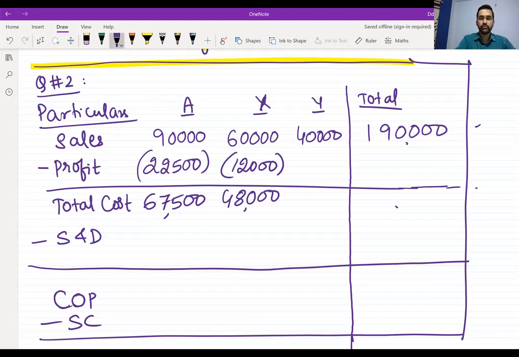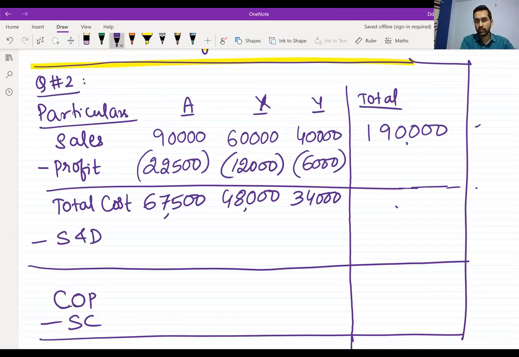Product Y, 15%. 15% of 40,000. If you deduct that, you will get 34,000. Now take all the profits, 22,500 plus 12,000 plus 6,000.